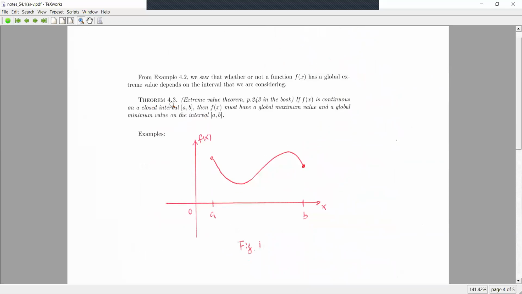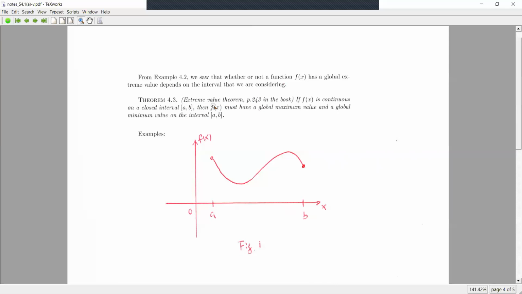There is a theorem in the book. This theorem guarantees, under some conditions, the function must have maximum and minimum. This is a guarantee. You can find this theorem in the book on this page. This theorem is called the extreme value theorem.